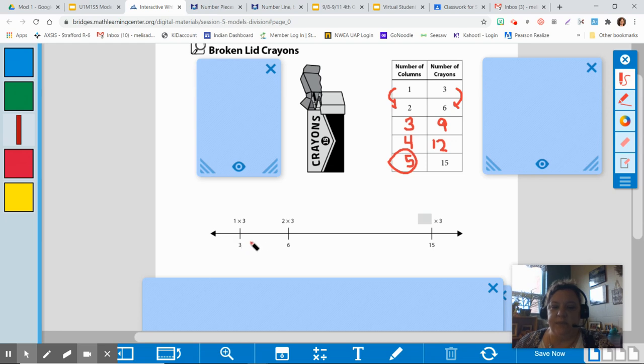So we've got 1 times 3 is 3. 2 times 3 is 6. Now I'm using my mouse to write, so excuse me, please. So 3 times 3 gives us 9. And next would be 4 times 3, right?